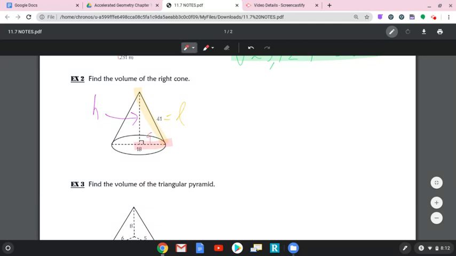So I can use, again, the Pythagorean theorem here to help me find my height. So you're going to say h squared plus 9 squared equals 41 squared. And if we solve this, guys, what do I get? I get h to be 40.